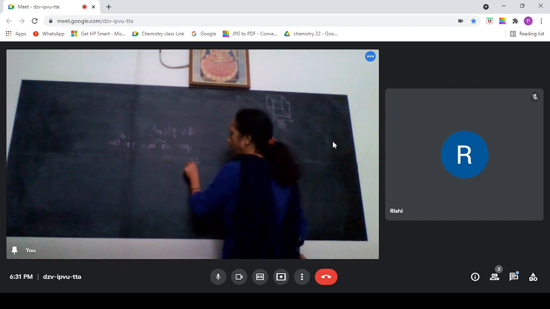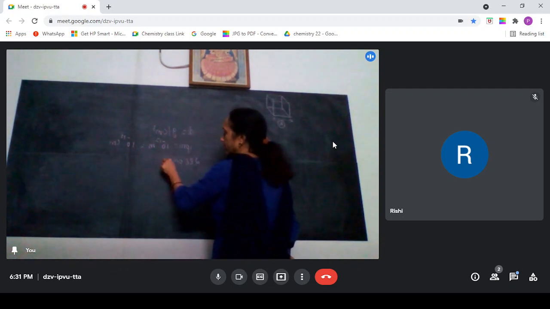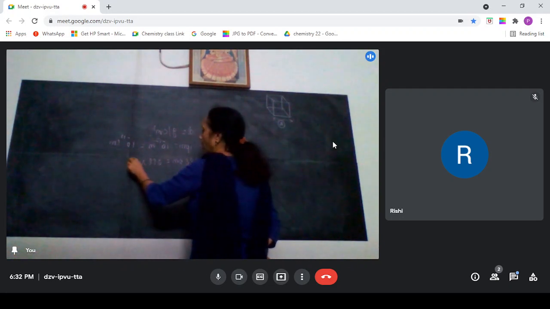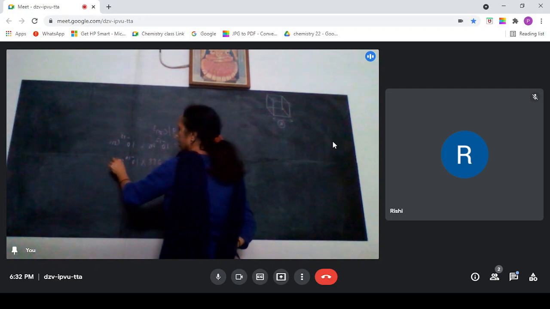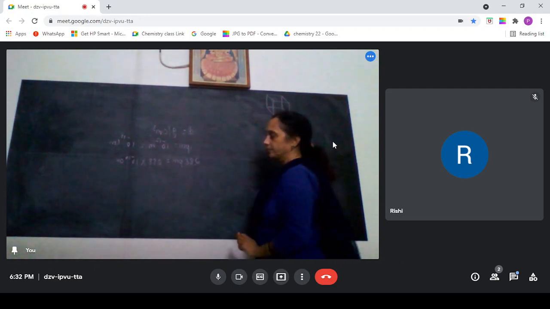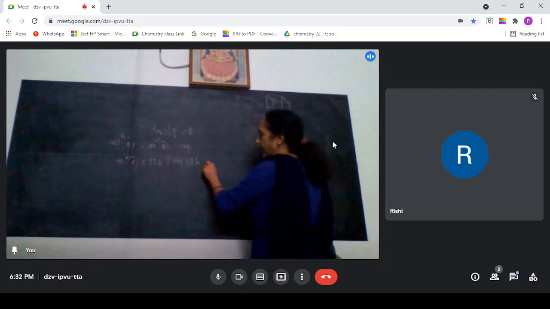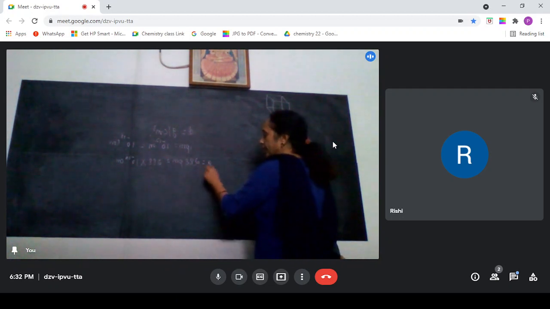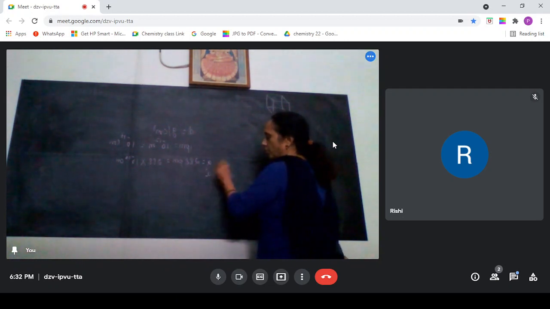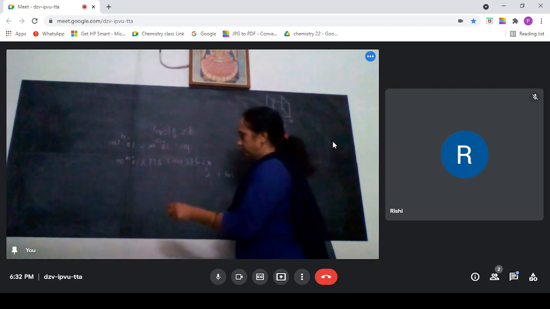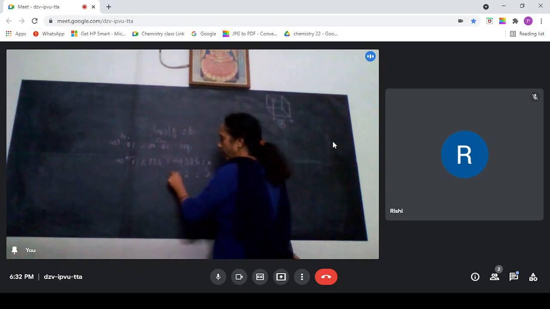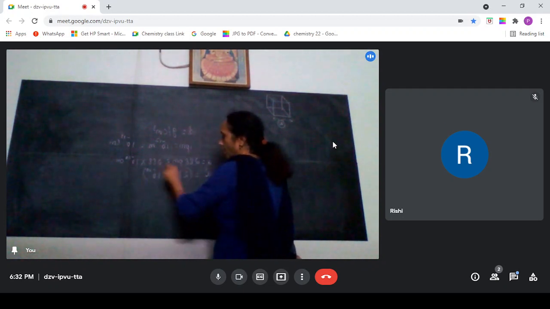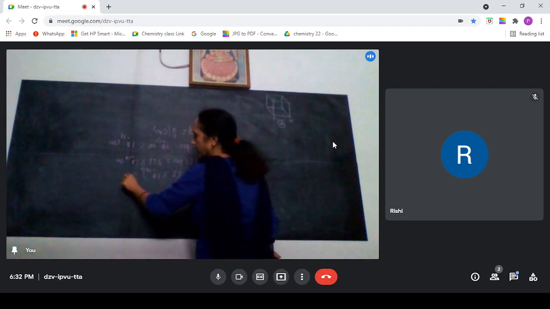So 288 picometer is equal to 288 into 10 to the power of minus 10 centimeter. You need it in centimeter. This is a. Next, write down the volume of the unit cell, a cubed. The volume of one cell will be 288 into 10 to the power of minus 10, whole cube, cm cubed.